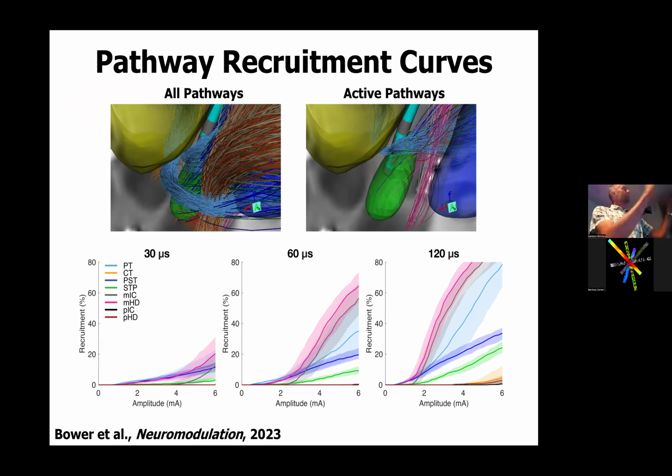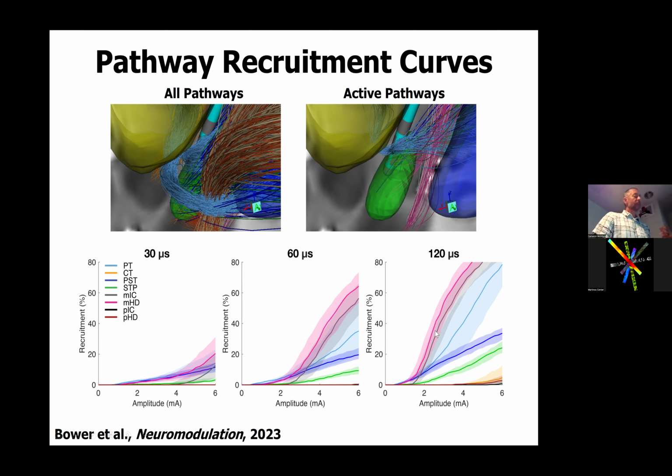The collection of pathways that you stimulate is highly dependent on both the electrode location, so if you move the electrode, you stimulate completely different things, and your stimulation parameter settings, so if you use different stimulus pulse widths, you stimulate in a very different way. So we're looking at the percent of a given pathway that's being activated by a given stimulus amplitude for a given stimulus pulse width.